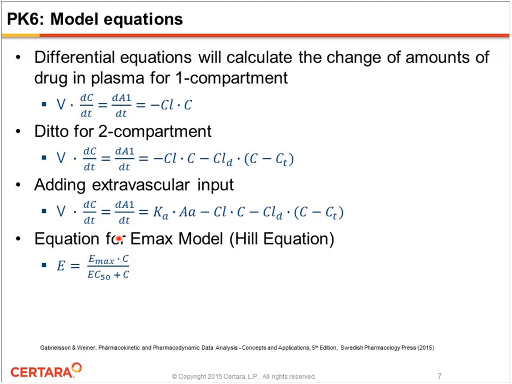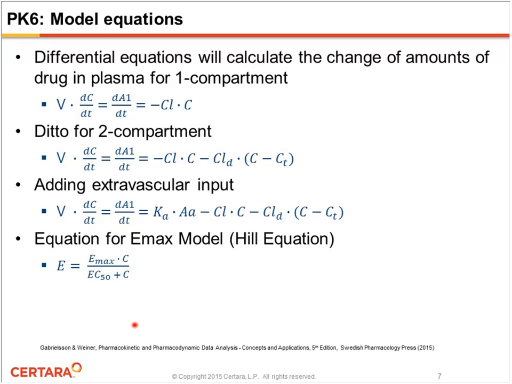For the PD model, we are using really just a simple Emax model. It is a Hill equation, E equals Emax times C divided by EC50 plus C. So these are the equations that you typically get from a reference, a book like the one shown below, Gabrielsson and Weiner, where all these equations are listed and also how they got derived.